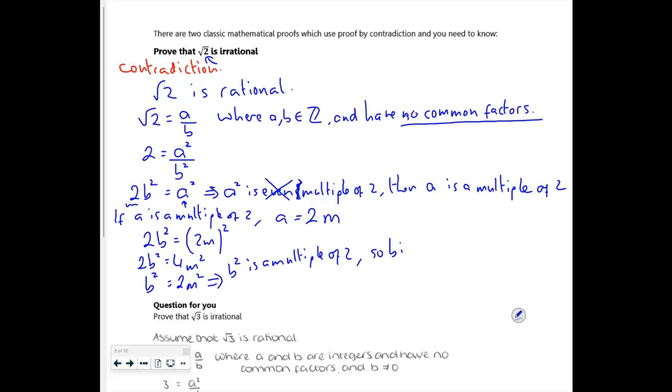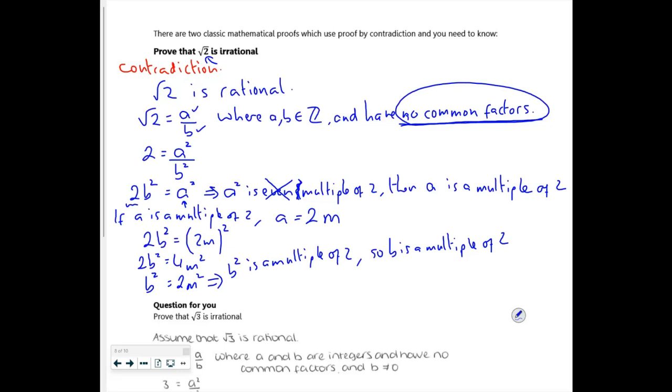So b is a multiple of 2. And remember this idea that it's got no common factors. a is a multiple of 2, b is a multiple of 2. It'll cancel down, so it fails.